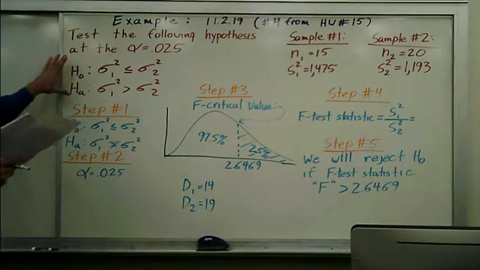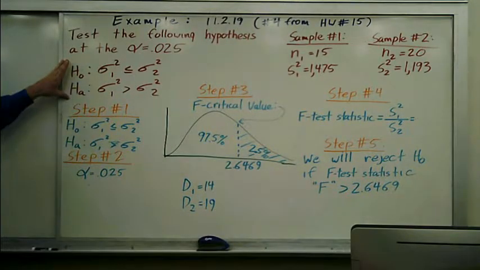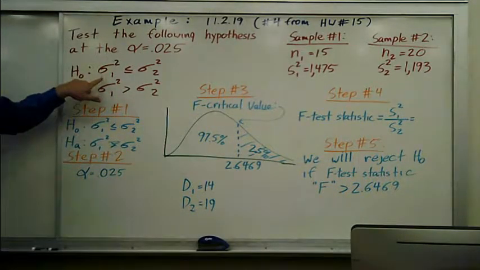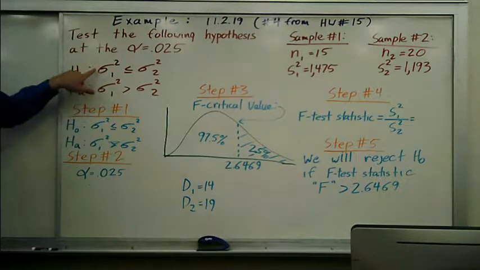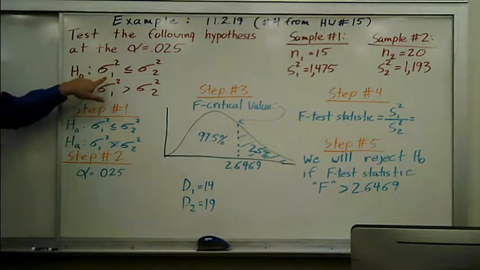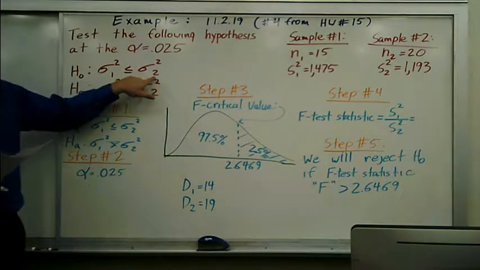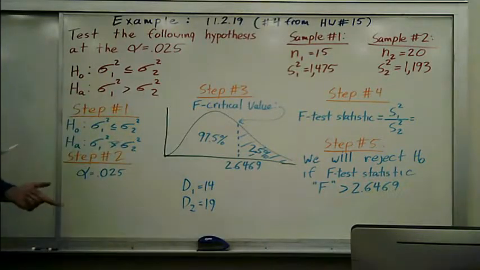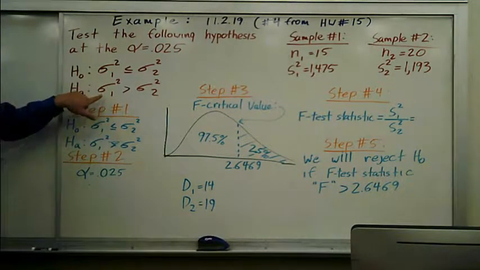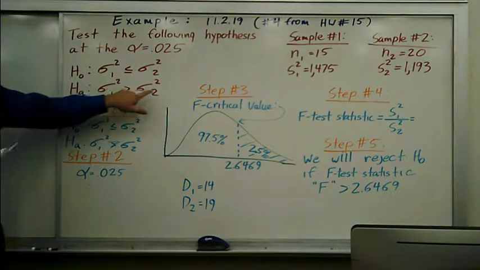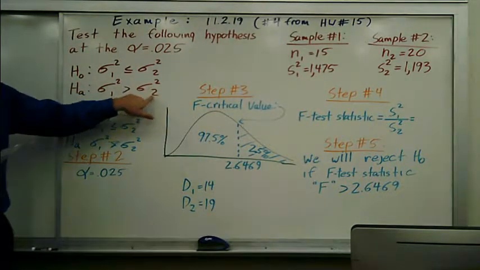So we're given the null and alternative hypothesis here. The null hypothesis is that the population variance from population 1 is less than or equal to the population variance from population 2. And then of course our alternative hypothesis is just that the population variance from population 1 is greater than the population variance from population 2.